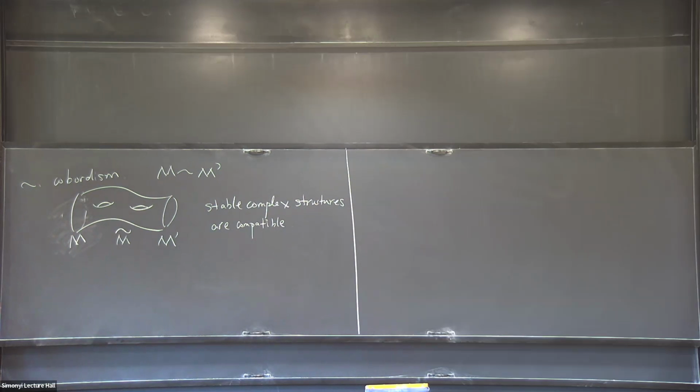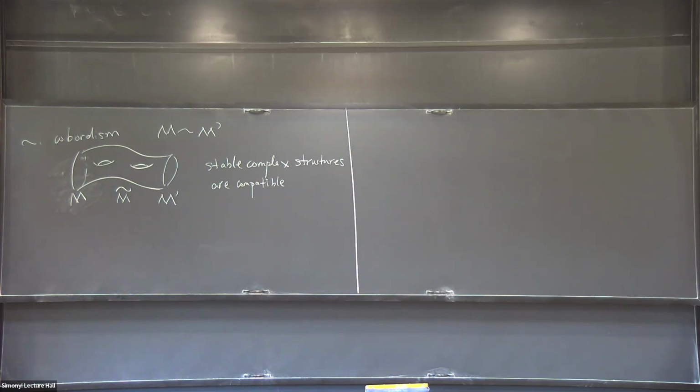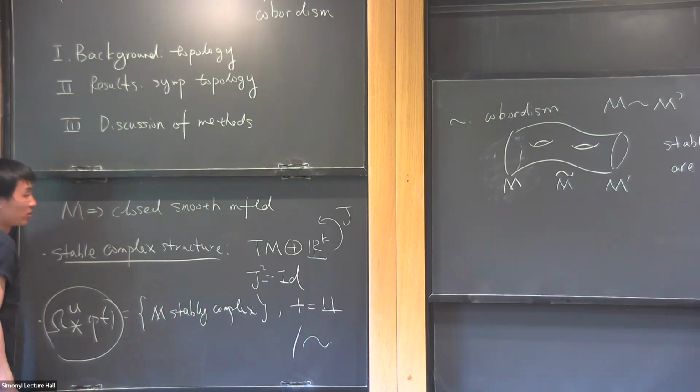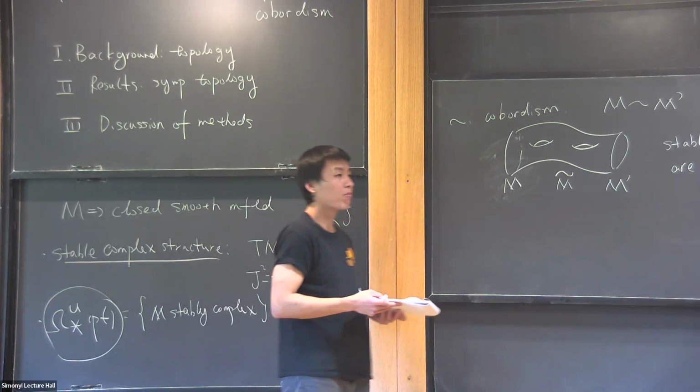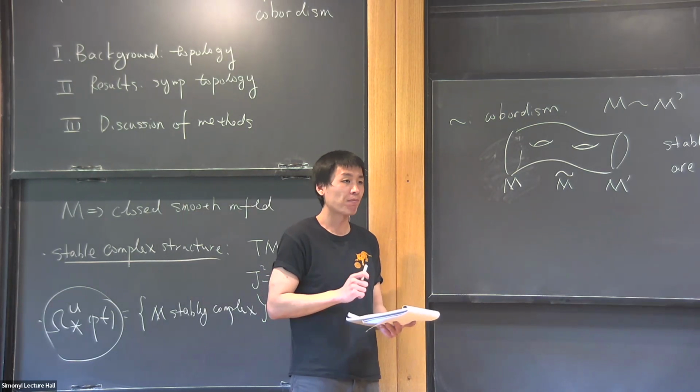And we want some suitable compatibility of these stable complex structures. So this is the relation I introduced, and this defines the complex cobordism group. Any questions so far?